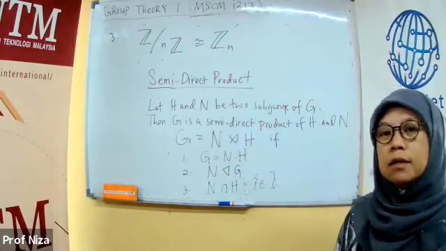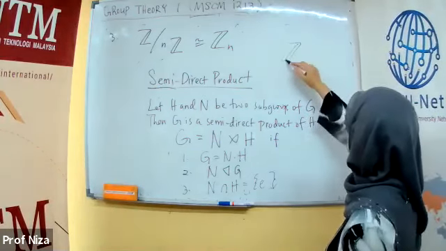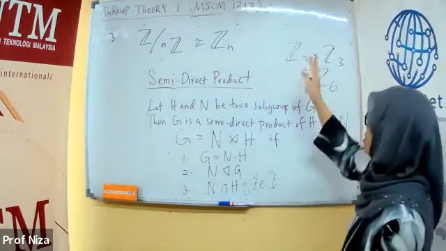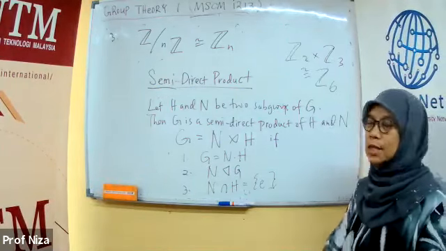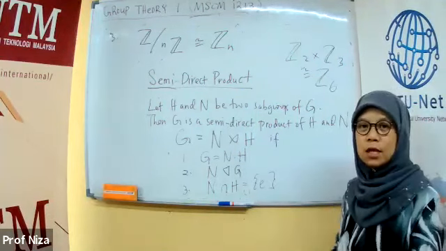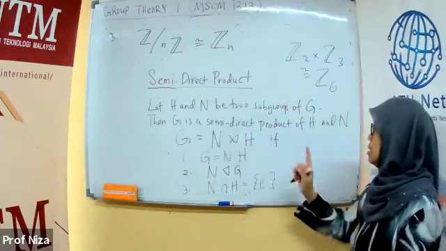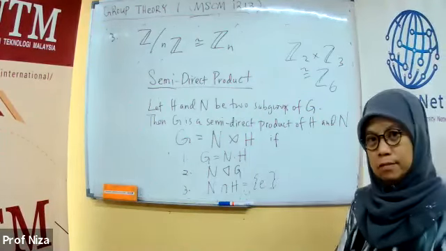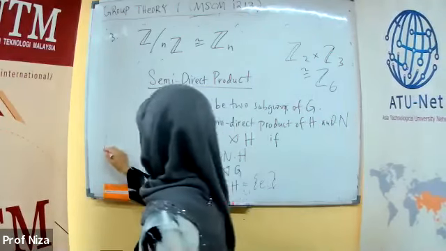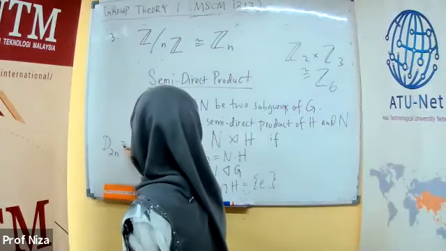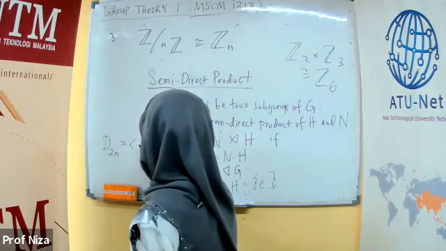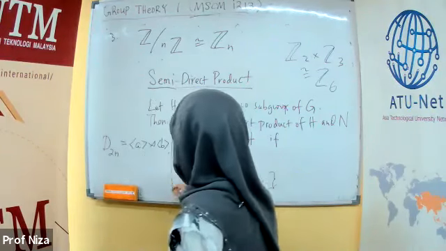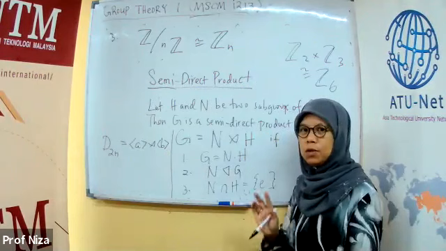Example? The example of direct product is this. This is an internal direct product, Z2 cross Z3. This example is dihedral. Later on, I will explain.